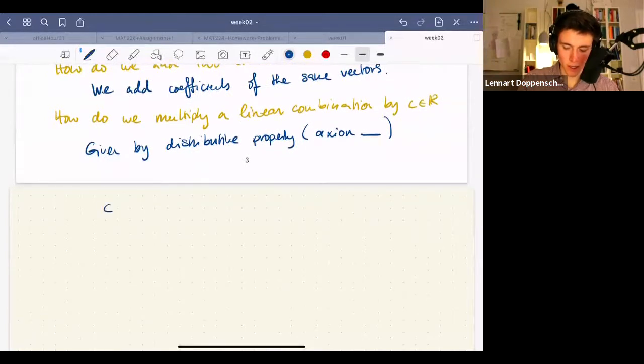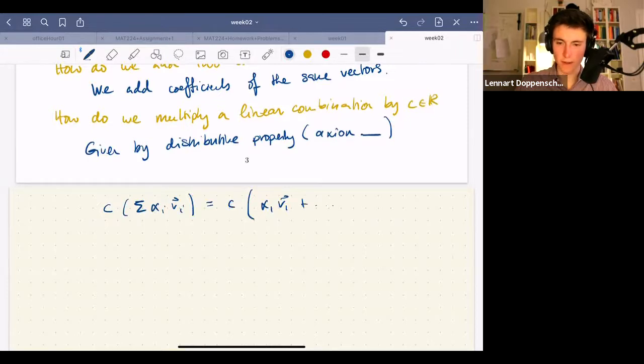Because linear combination, the alphas, if we write this out, then we just have alpha 1, v1, and so on. These are just vectors. It doesn't matter if they have coefficients or not.